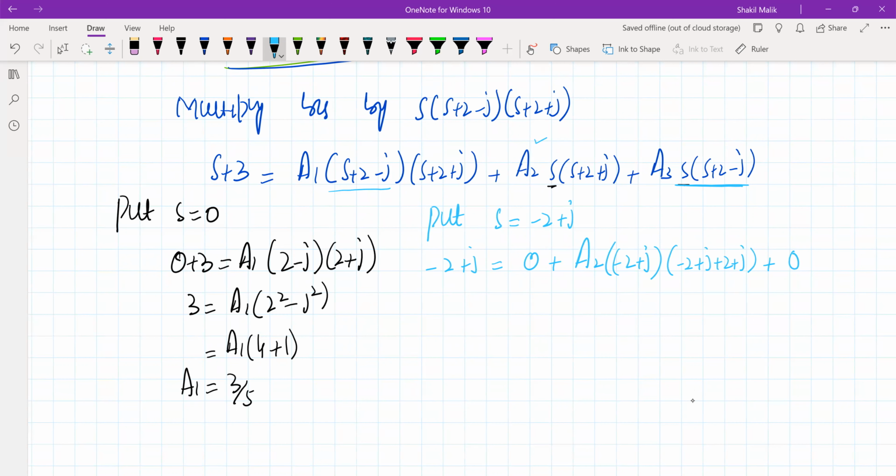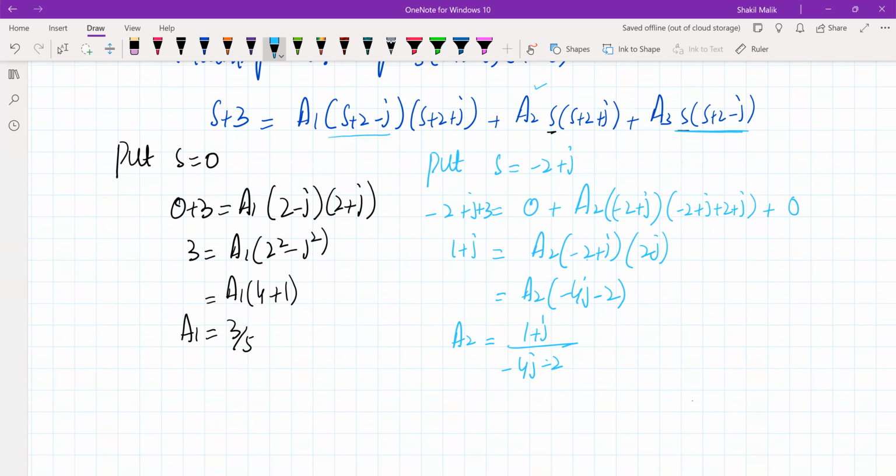Okay, I forgot 3 here, so there is also 3. So minus 2 plus 3 is 1, plus j, that's equal to a2 times (minus 2 plus j), then the minus 2 cancels, it is 2j. So that means this is simply a2 times (minus 4j, since 2 2's is 4), then when you multiply j by 2j, it will be 2j square, that is equal to minus 2. So a2 will be simply equal to (1 plus j) divided by (minus 4j minus 2).